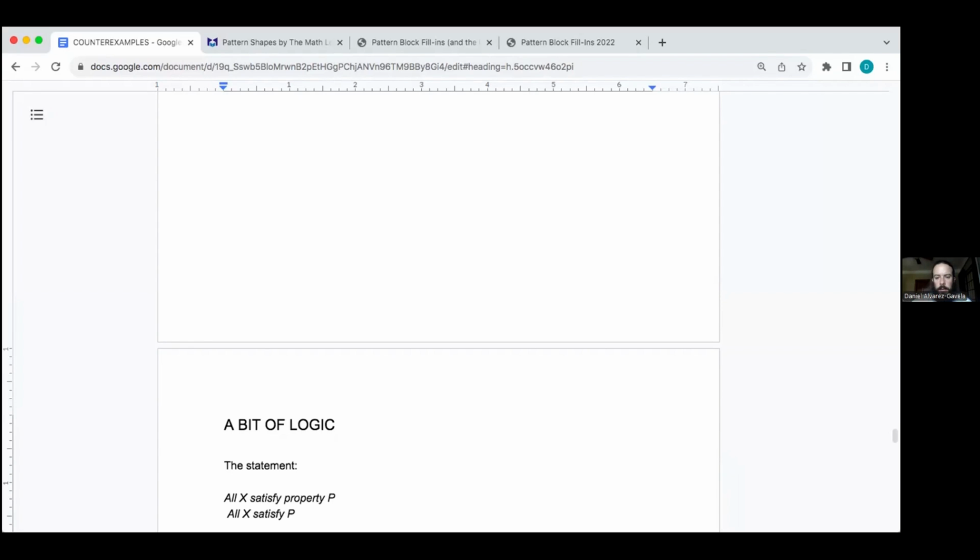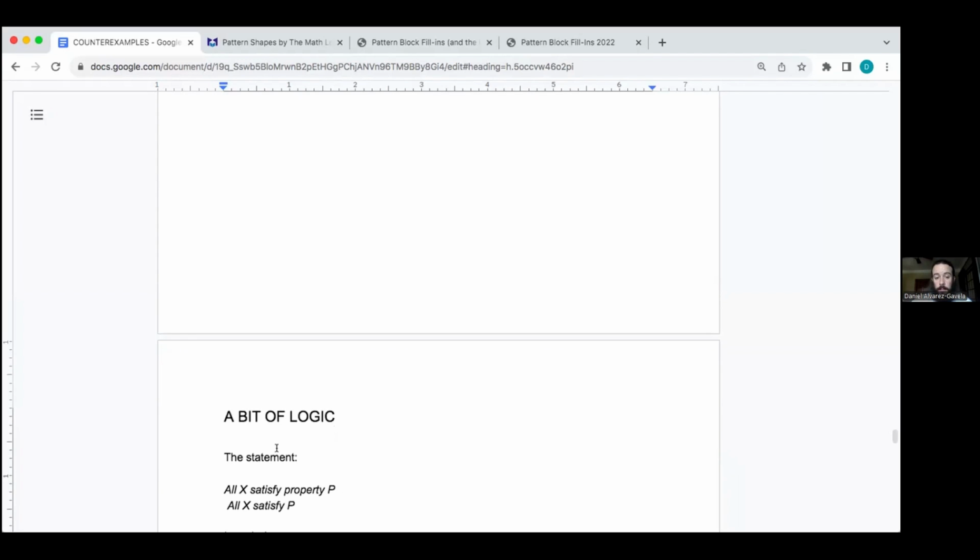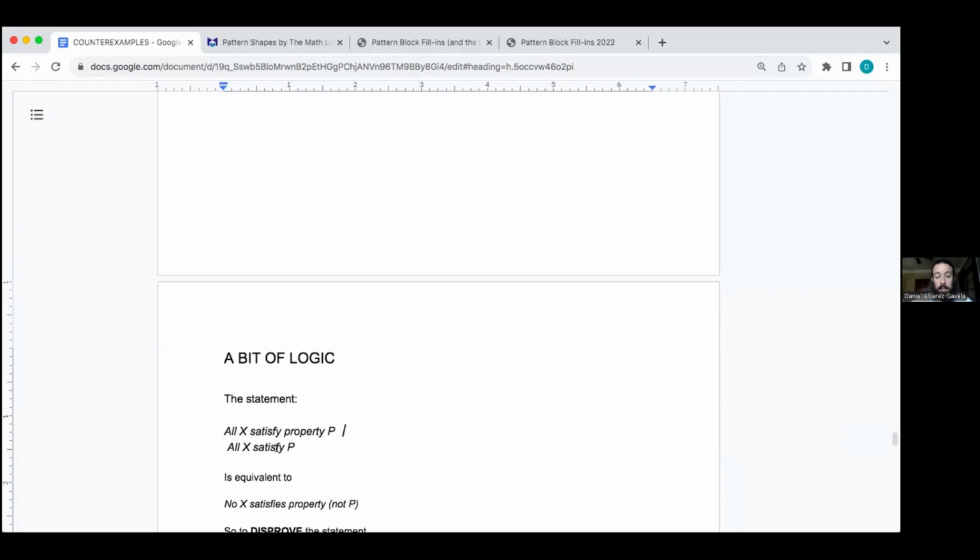So X would be flowers, and P is being red, and that's a statement that is being examined. That statement is logically equivalent to no X satisfies the property (not P).